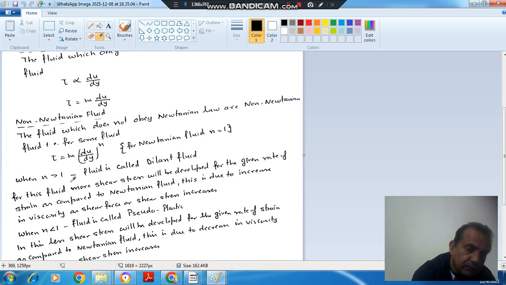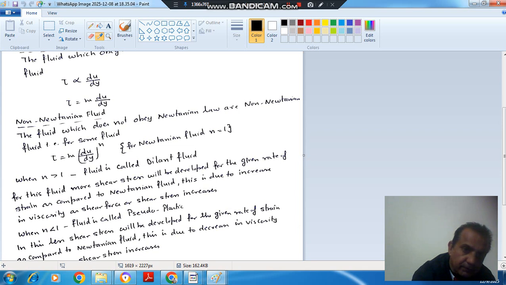This is due to the increase in viscosity as the shear stress or shear force increases. Because if we take this as a law, then as the shear stress increases, the viscosity also increases.